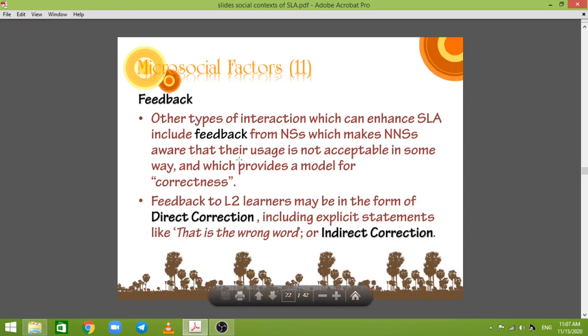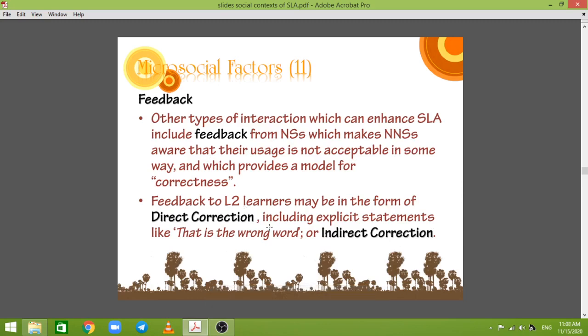Feedback. Feedback can be another type of interaction that can enhance second language acquisition. It includes feedback from the native speaker, which makes the non-native speaker aware that their usage is not acceptable in some way, and which provides a model for correctness.